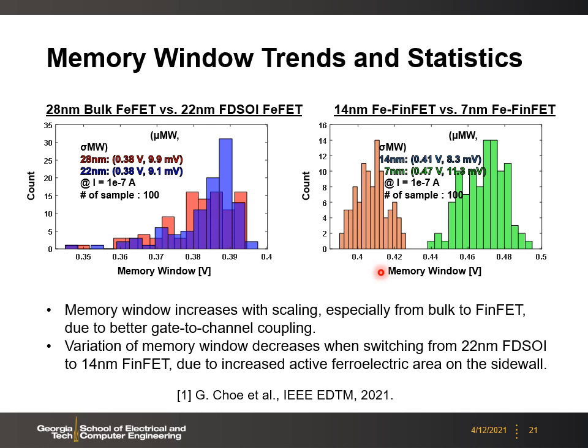Second, we notice that the variation of the memory window actually decreases when we switch from the planar structure to the FinFET. This is because the FinFET actually has more active Fe layer area because of the sidewall. Therefore, the variation impact is mitigated.